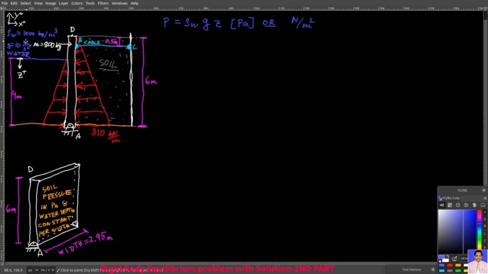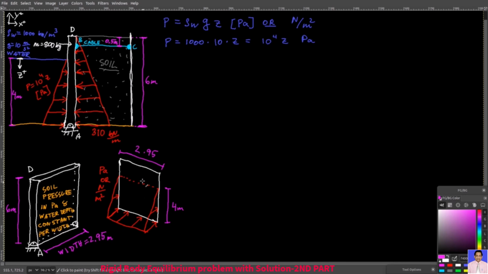G was the gravitational acceleration. We assumed it to be 10 meters per second squared. And so what you have is pressure equals 1000 times 10 times Z, and that's 10 to the power of 4 times Z pascals. So that's your pressure distribution due to water.